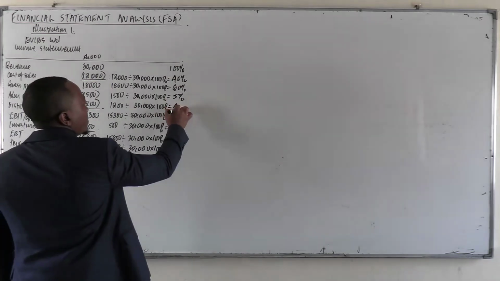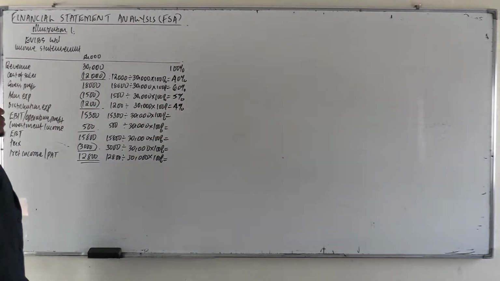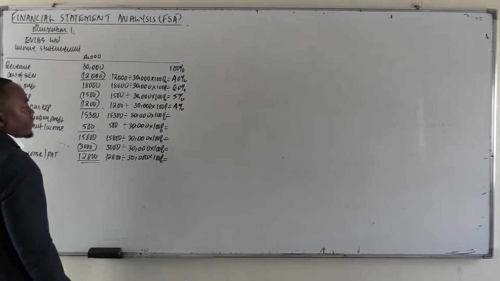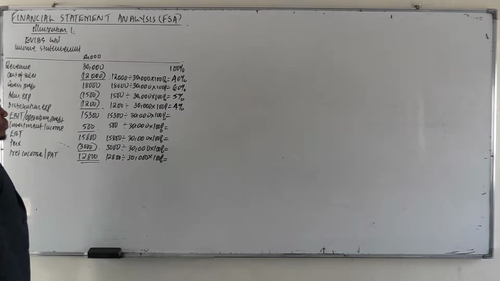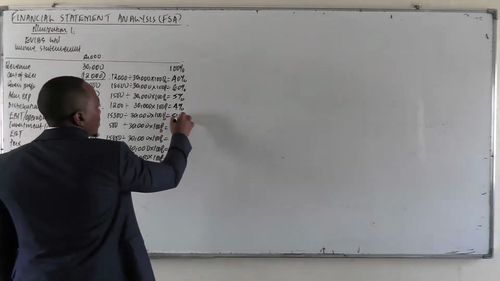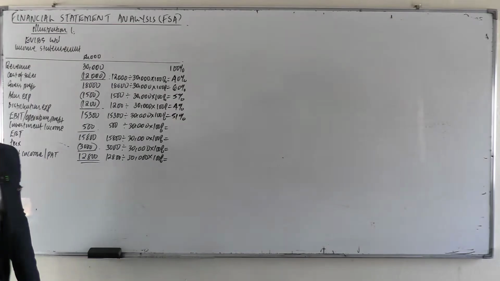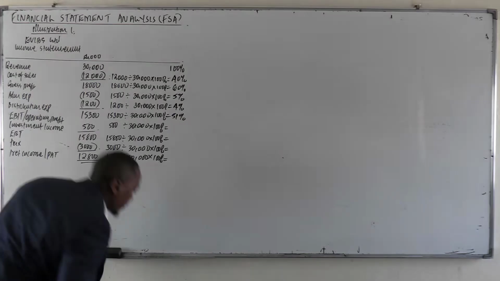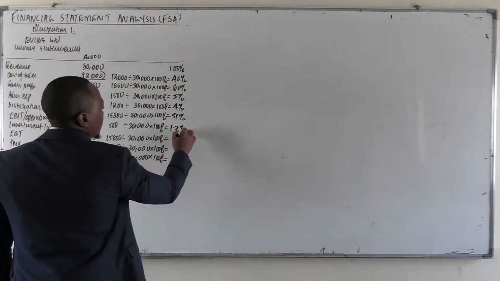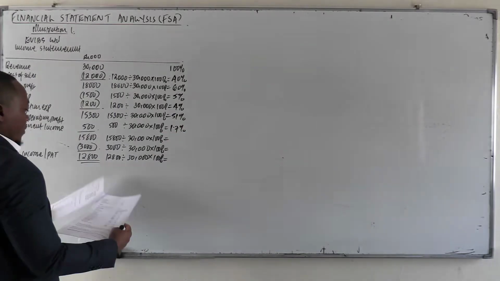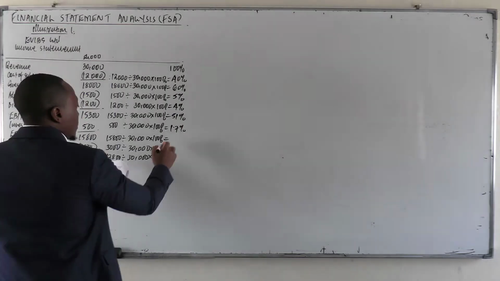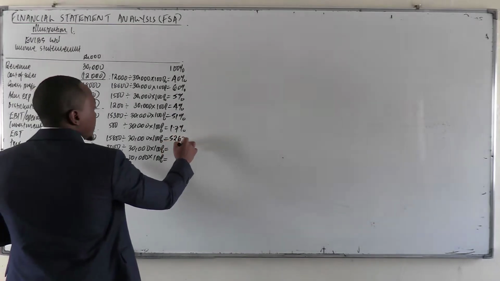We have 4%. 51%. 1.7%. So this one you get is 52.67%.